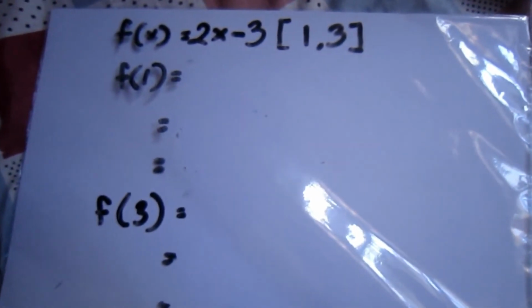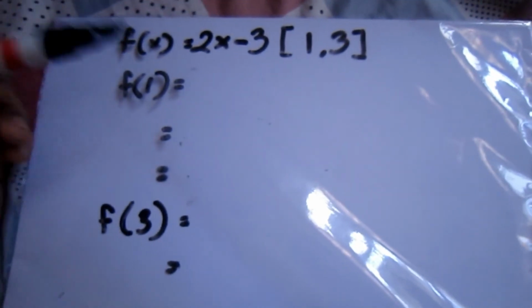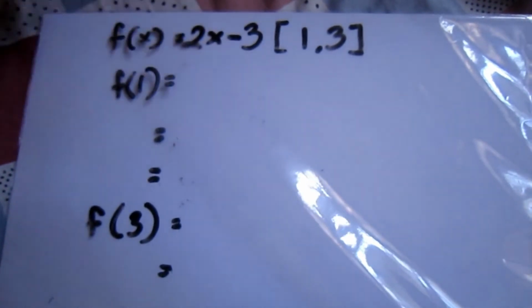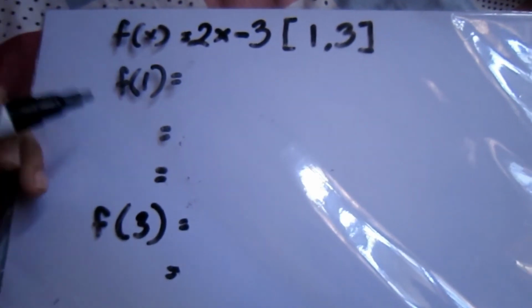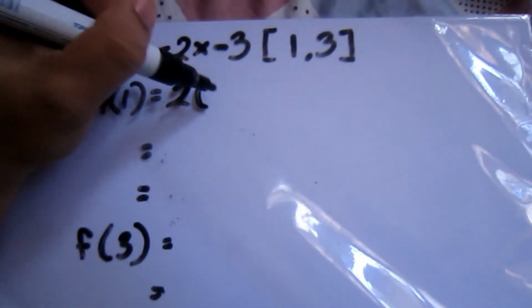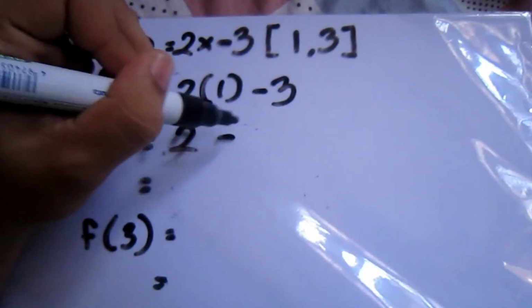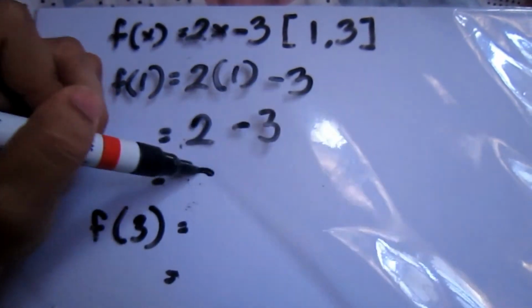So in order to find the extreme values of this function, we need to substitute the interval endpoints 1 and 3 into the function. So we have f of 1, which is equal to 2 times 1 minus 3. 2 times 1 being 2 minus 3, and the answer would be negative 1.